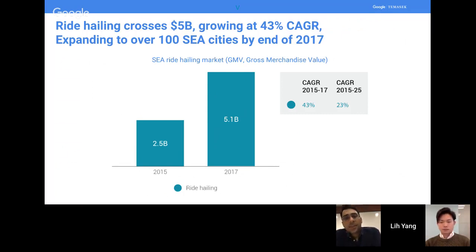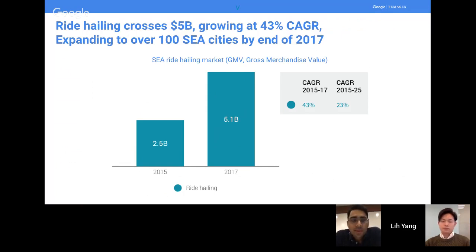If you take a look at the industries that we just discussed, ride sharing or ride hailing and e-commerce, these are the two key industry verticals which are driving the bulk of the growth in the Southeast Asia region when it comes to the internet economy. And that's what makes them the spotlight of our 2017 report.